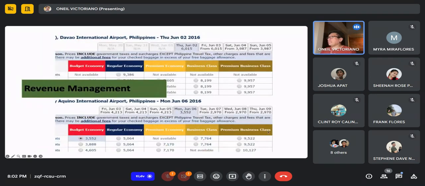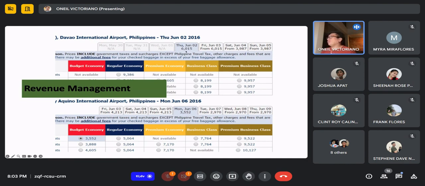And then another use case is like different dates, different amounts. So kagaya nito, January 2, 2016, 6,000. Pero sa June 6, different. Sorry, 06 pala to. Bakit different yung price?